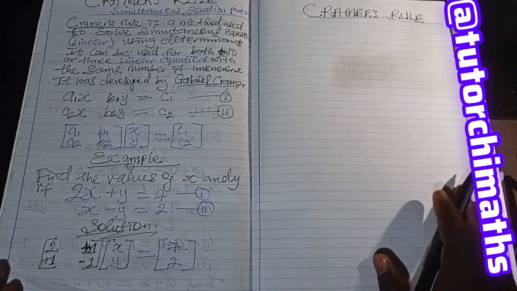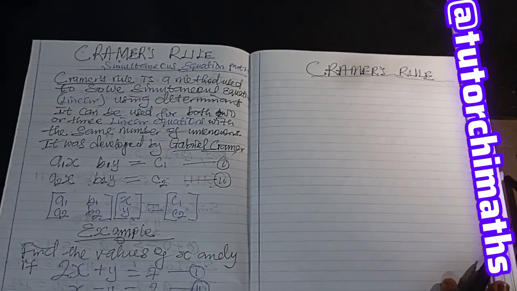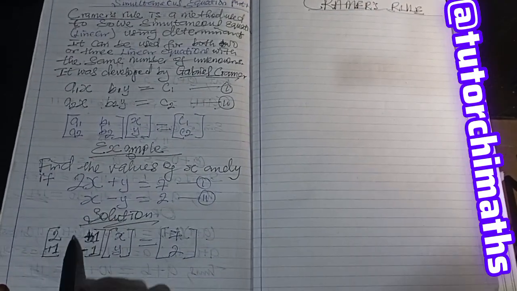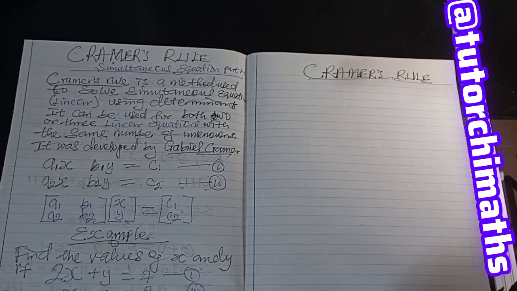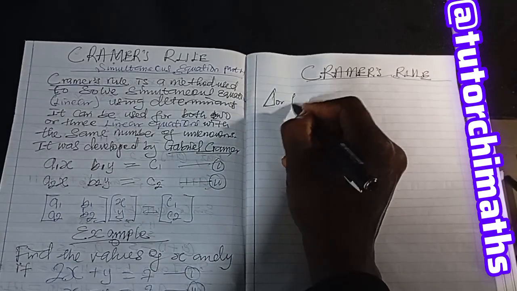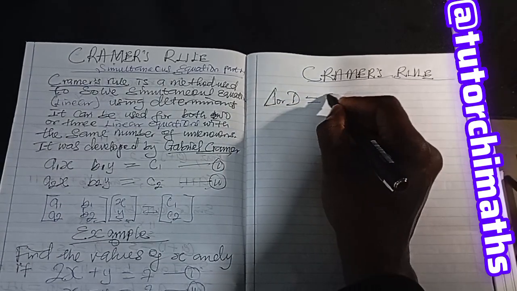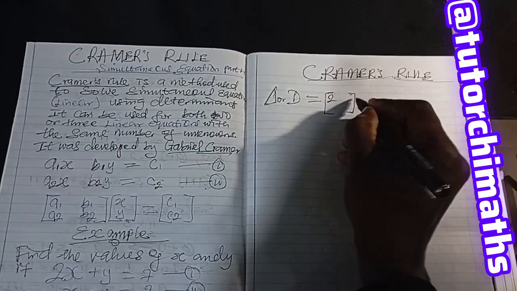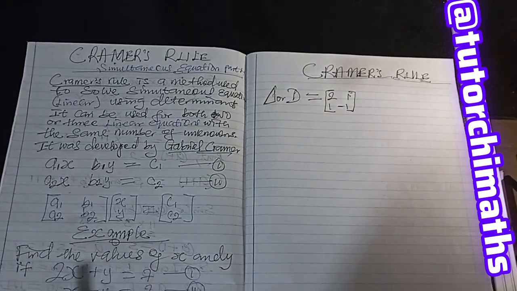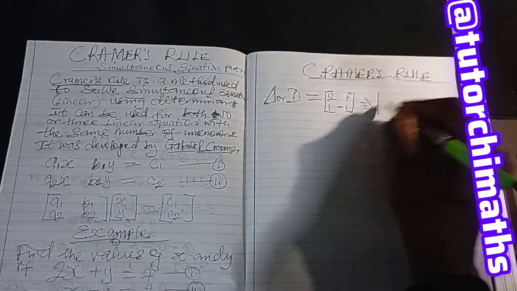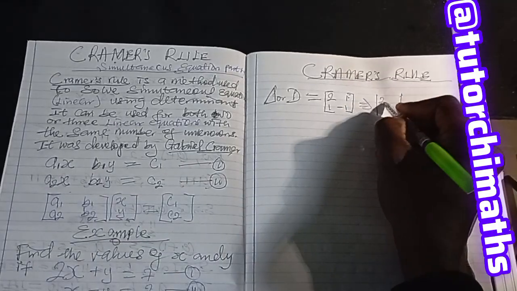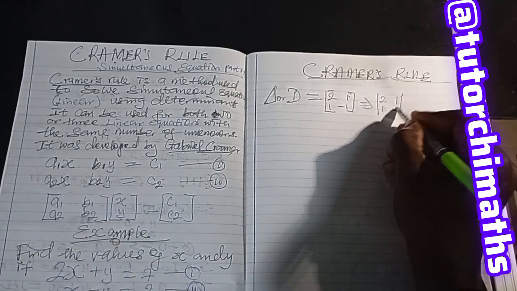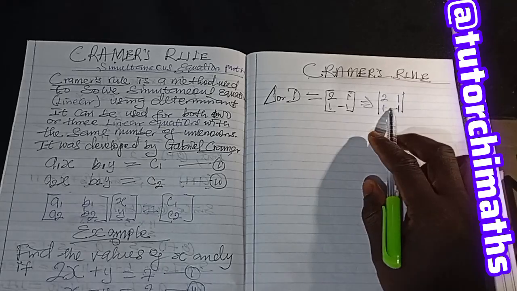So let's find the determinant of this. Okay. So change it is equal to, we have here 2, 1, 1, and minus 1. So the determinant now will be 2, 1, 1, and minus 1. Remember, this is the symbol for determinant, okay?